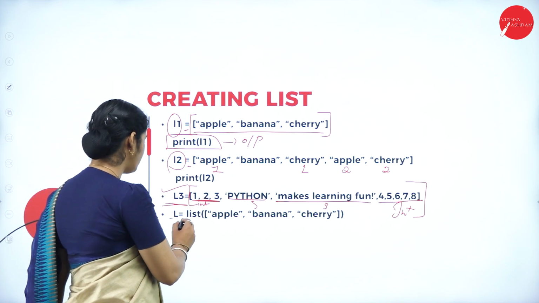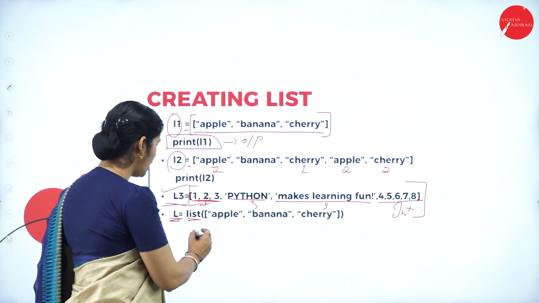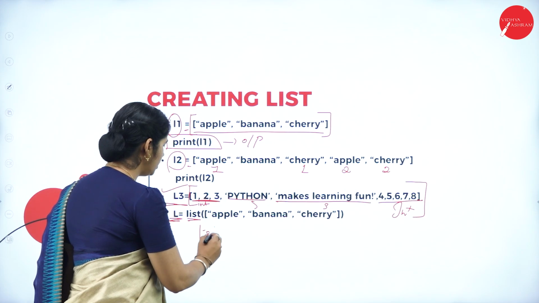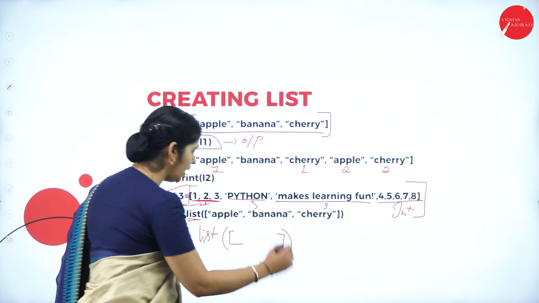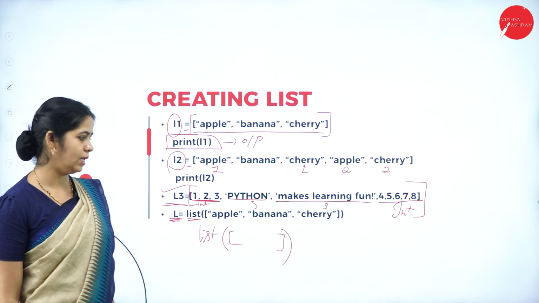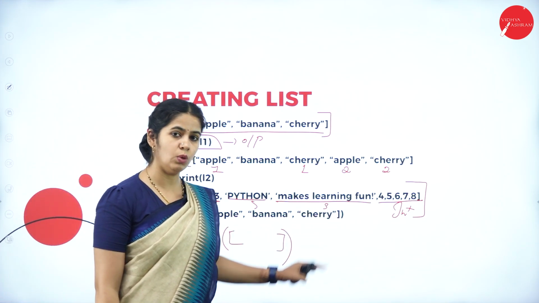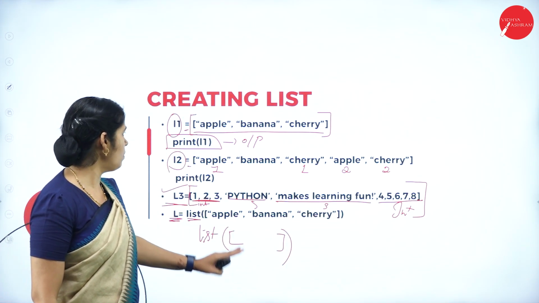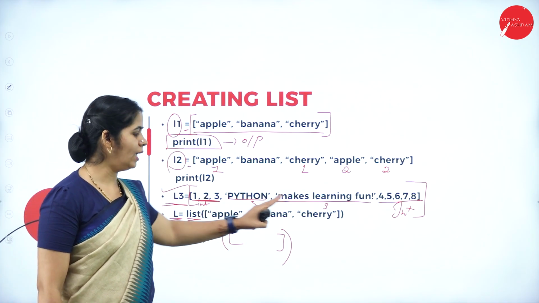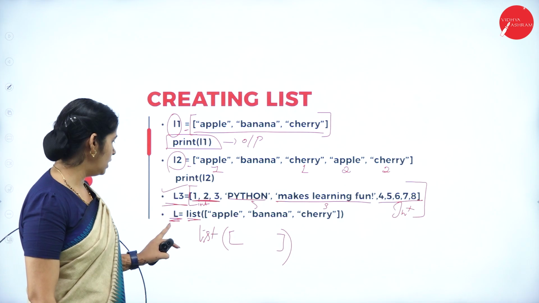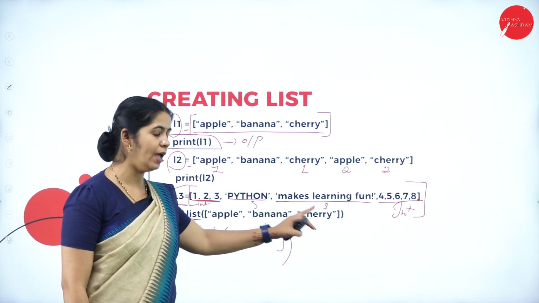Then one more list that we have is L. We are using the constructor called list. Within this constructor, I am giving the elements of the list: apple, banana, cherry. What is going to display? The same output as that of L1. It's going to display all the elements of the list L, that is apple, banana and cherry.